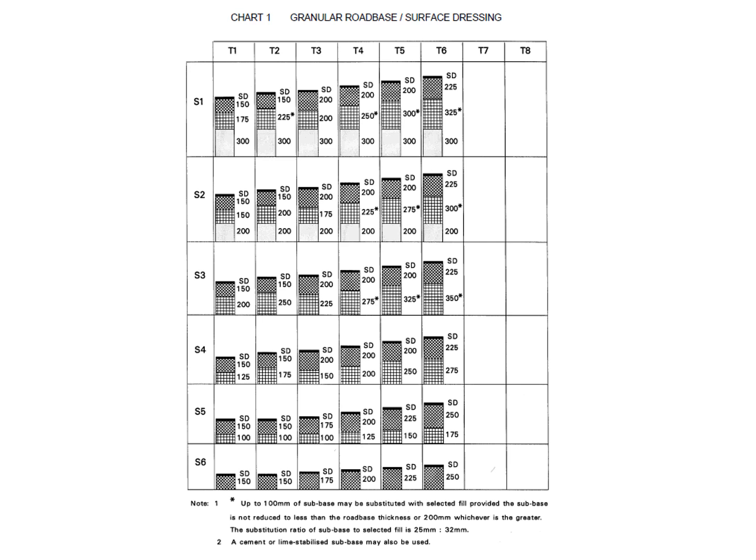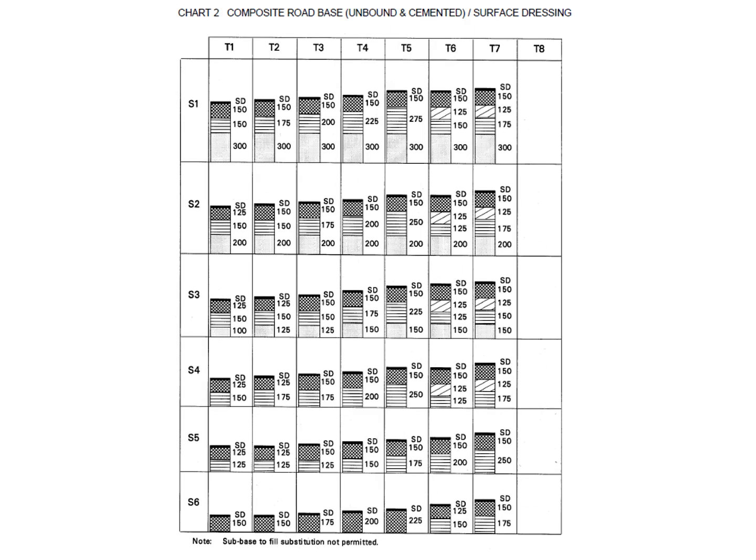Simply you will have to use one particular chart, and with the help of the classes of the traffic and the subgrade, we can determine the thicknesses of the different layers of the flexible pavement very easily. Look at this one. This is chart 2, composite road base, unbound and cemented, and again the surface dressing is there.